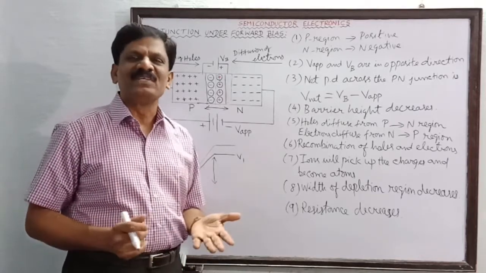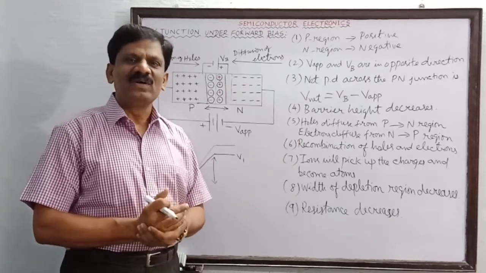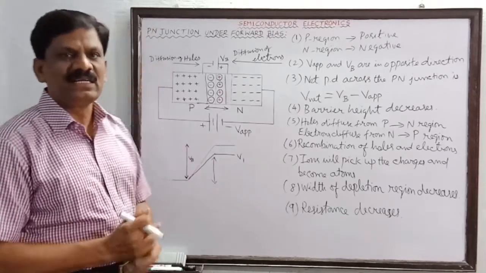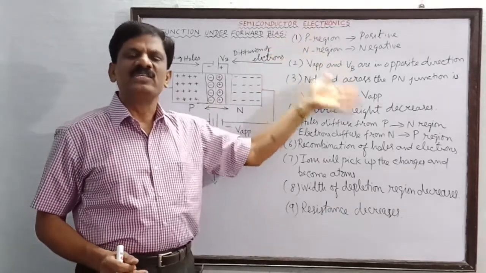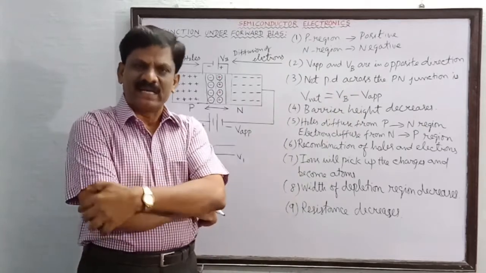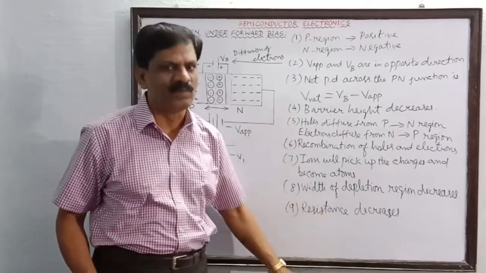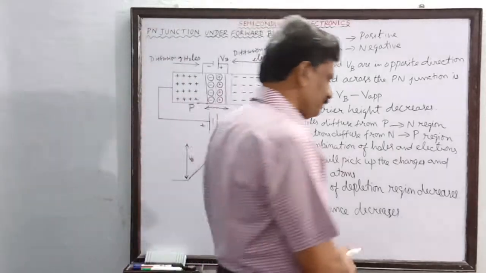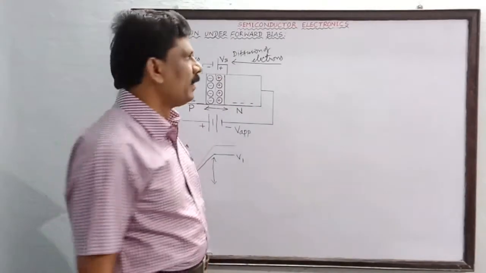As a result, once again the resistance offered by the PN junction is also decreasing. As a result, the PN junction will allow the current to flow. This is due to the diffusion of the majority charge carriers. There will be a current called diffusion current. Again, in the next set of points I am going to explain. Be ready for that.